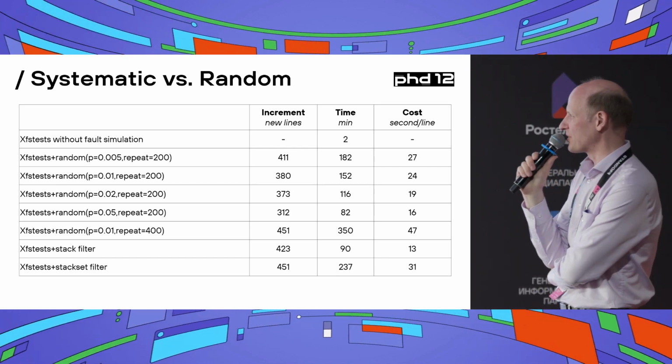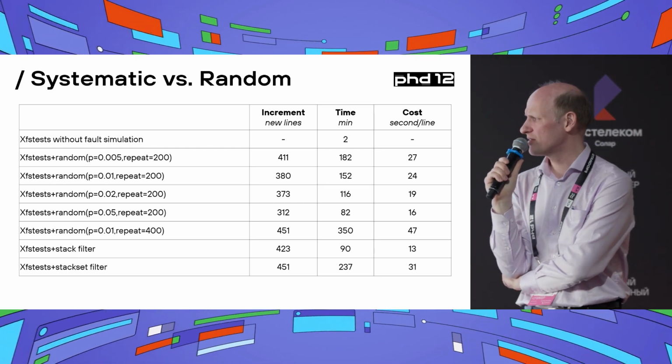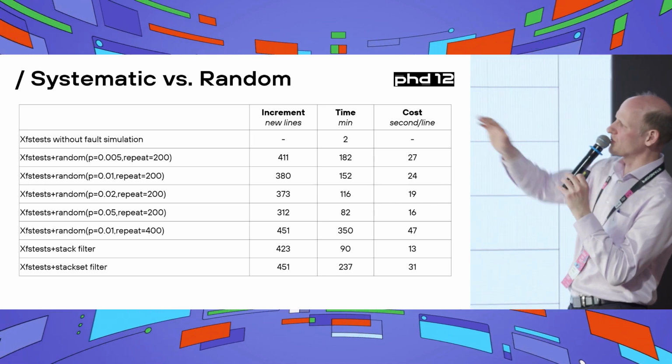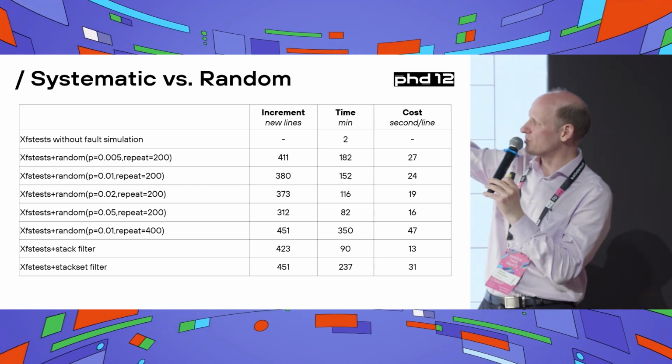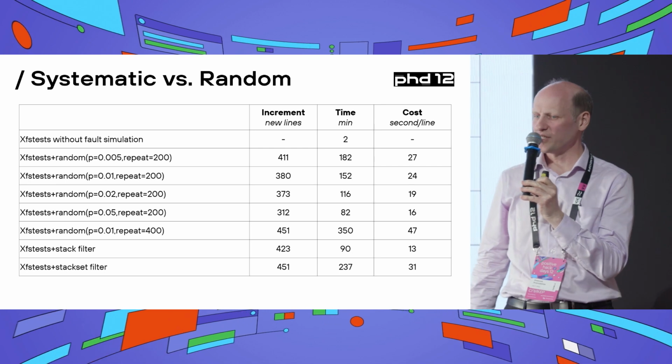If we were to compare this with the set of experiments that we did with the simple randomized approach, okay, so the baseline here is the test time was 2 minutes.